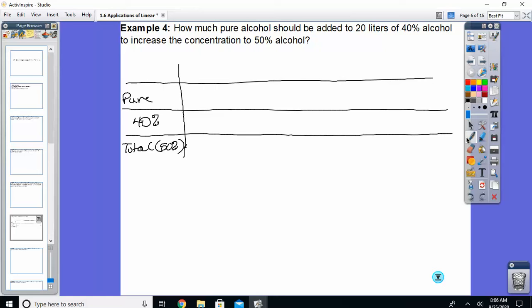So we need a column for the amount. I'm trying to find how many liters I need, so we need an amount. The next piece of information given in the problem, I talk about the pure and the 40% and the 50%. Those are your concentrations.